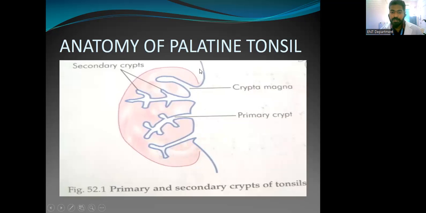The crypts are present on the medial surface, and the largest one, which usually comes in the center, is the crypta magna.